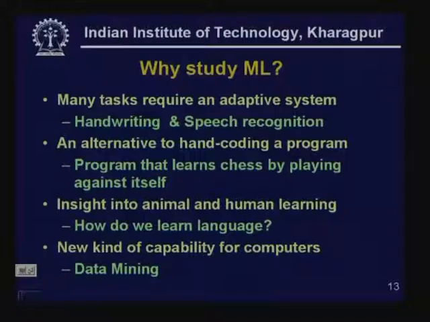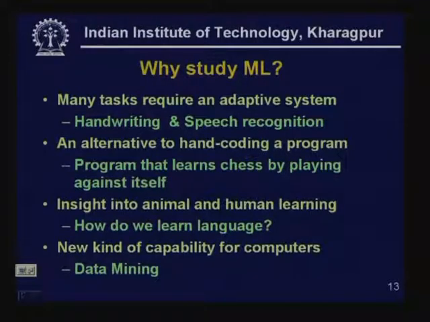Also, the study of machine learning, as we discussed earlier, gives us an insight into human learning. For example, learning of language is a very non-trivial task. So, trying to understand how we can make a machine learn a language can give us a clue as to how humans acquire language.